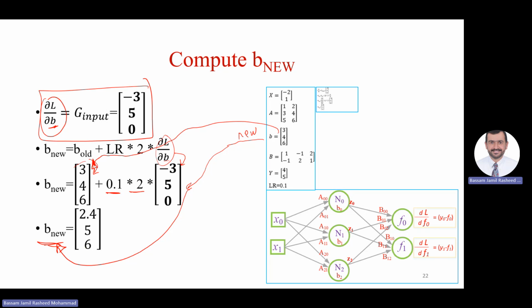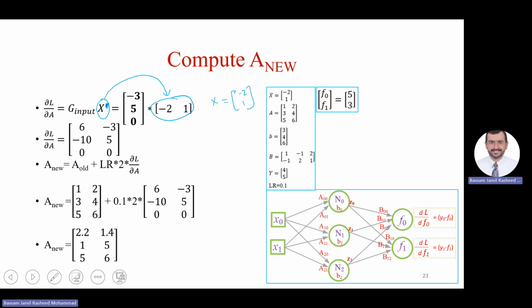Okay, now let's continue, and we need to compute the new values of A. These are the weights here. We want to compute their new values after the training pattern. So delta L over delta A equals G input times X transpose.